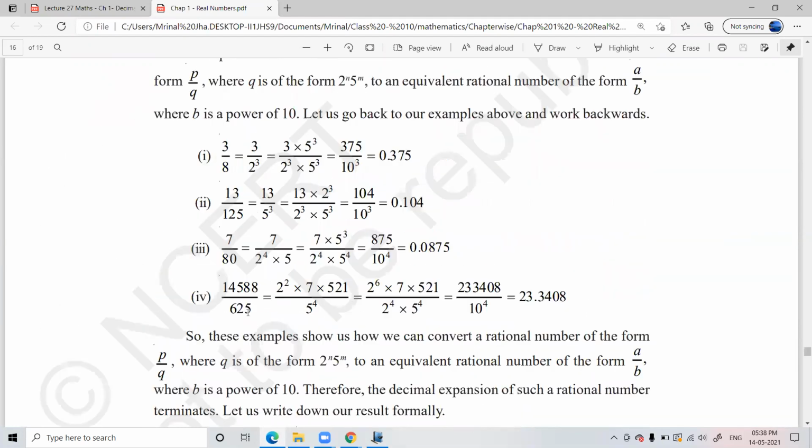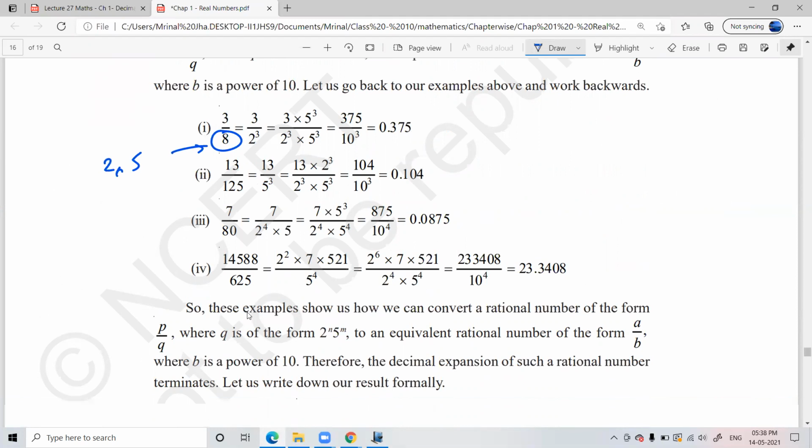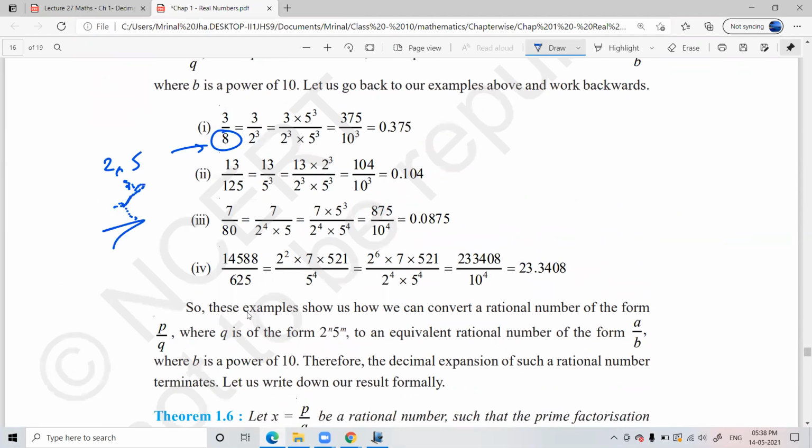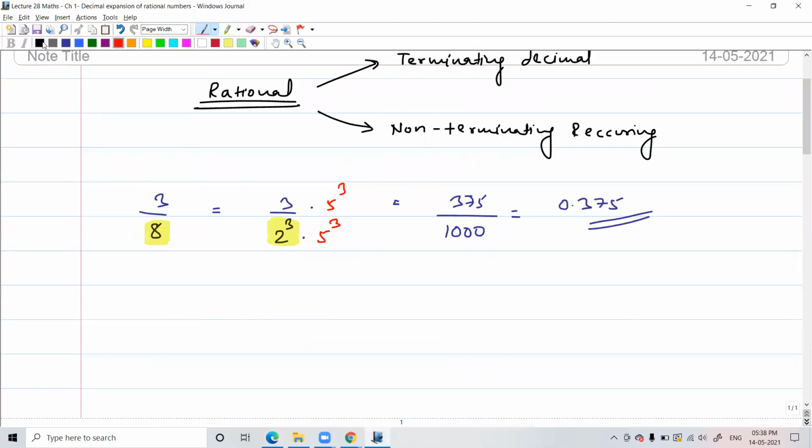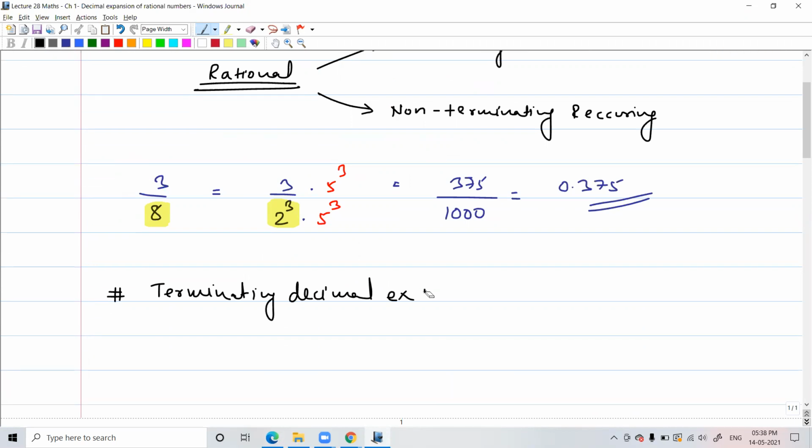So all these numbers, what you see here, the denominators, when you factorize them, either they will have a 2 or 5. That is, they will be in the form of 2 to the power... Just a minute. Yeah. So for a terminating decimal, what should happen to the denominator?